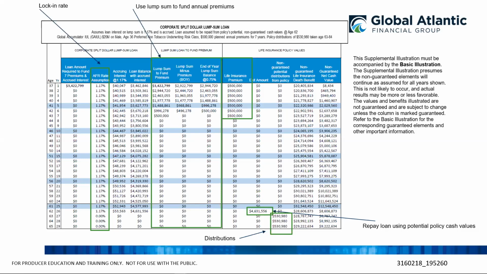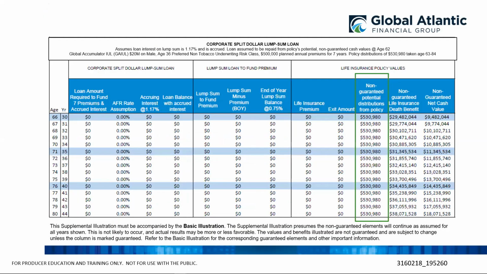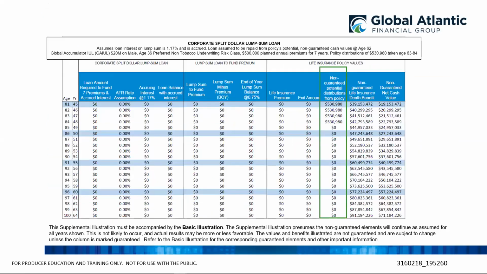Okay, Eric. Great. Go ahead to the next slide, please, Donald. Okay, so you see now that we have gone out many, many years, the corporation lent the executive $3.4 million. We accrued the interest, repaid the loan from policy cash values, and still was able to take out $530,000 a year. So this is kind of an easy discussion to have with the client.